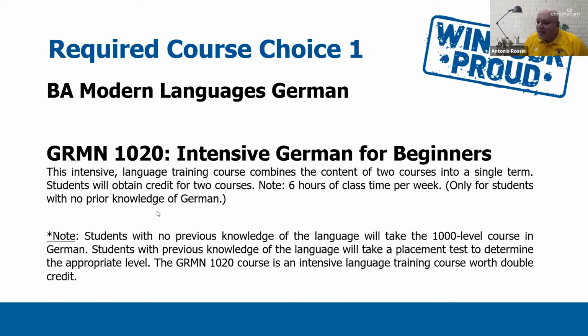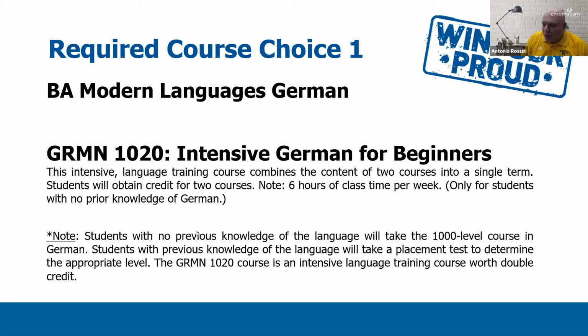But the only thing is that they do entail a certain amount of commitment and dedication because they are intensive. So you're meeting every day, Monday, Tuesday, Wednesday, and Thursday for classes which have a duration of 1 hour and 20 minutes. There is no need to have previous knowledge. In fact, it is better not to have a previous knowledge of the language.